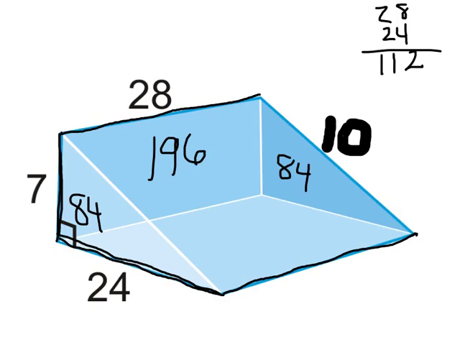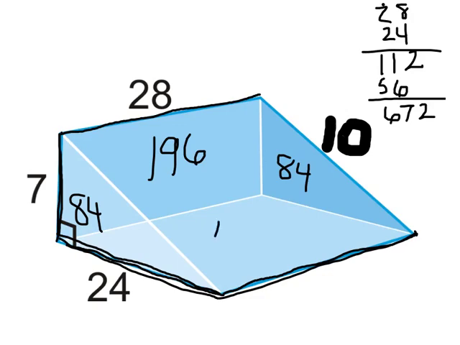And 2 times 8 is 16. Carry that 1, that would be 56. And then add, and you're going to get 672. So 24 this way by 28 this way. This bottom piece is 672.